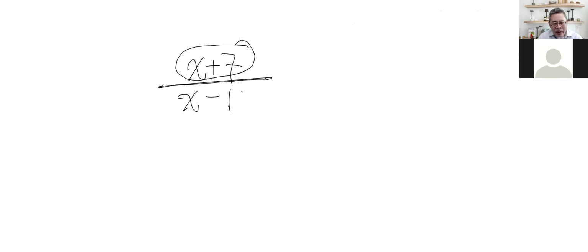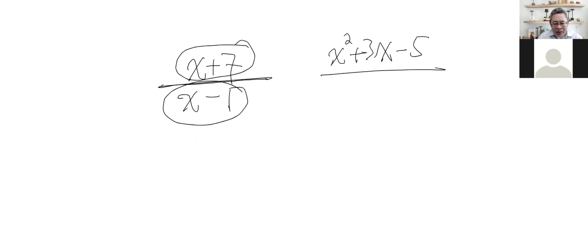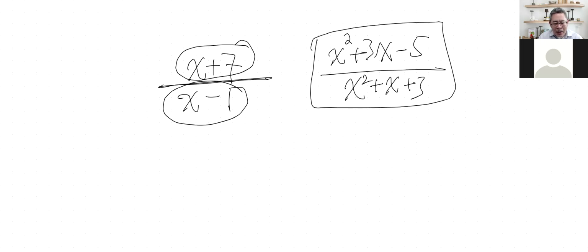And we could have something like, say, x squared plus 3x minus 5 over x squared plus x plus 3. That is also a rational expression because we got a polynomial on the top, polynomial on the bottom.